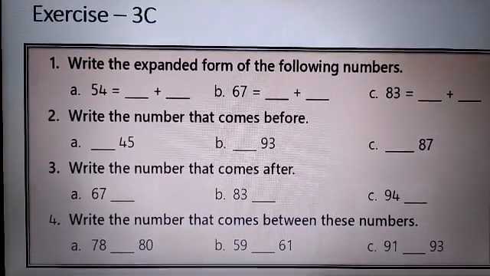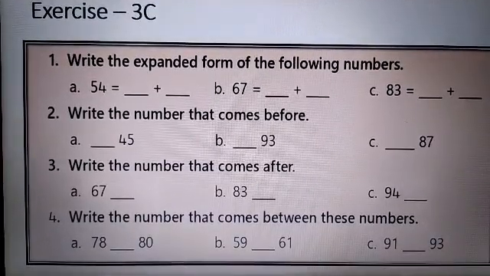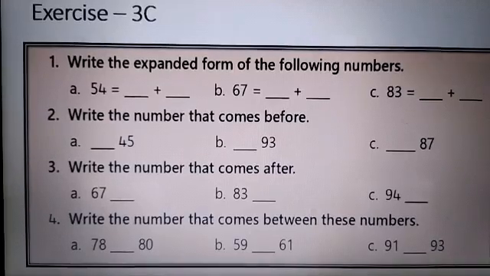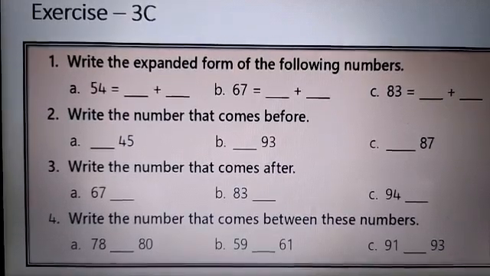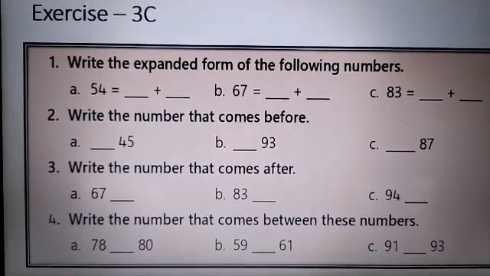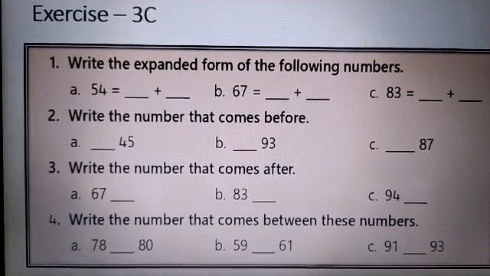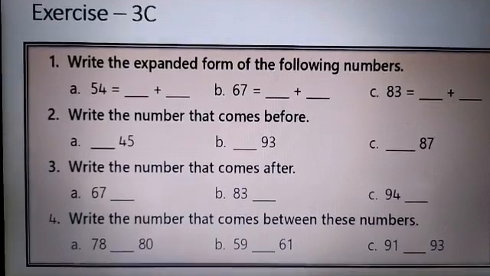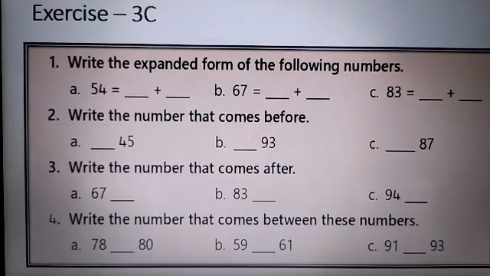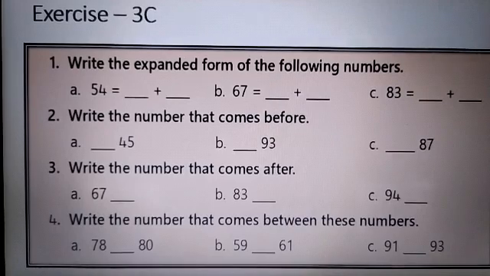Now second, 93. You tell me what will come before 93. Count from 91. 91, yes, 92, 93. So which number came before 93? 92. Yes, it's 92.